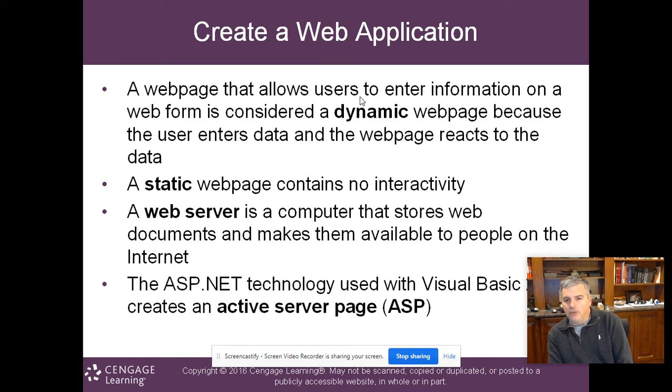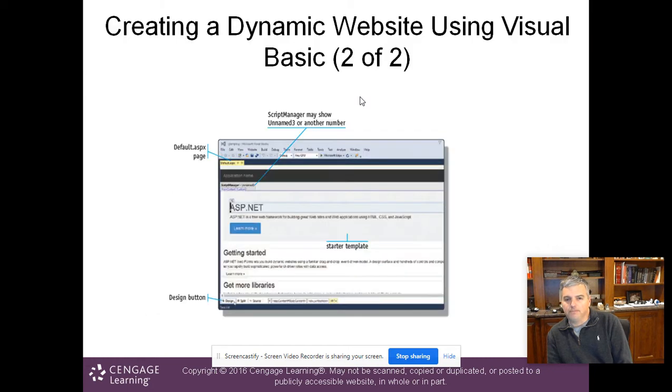The sites we're creating are going to be more than that, they're interactive. A web server is a computer that stores web documents and makes them available to people on the internet. The ASP.NET technology used with Visual Basic creates an active server page. So the active server page is what's going to serve up the HTML to your end users ultimately.